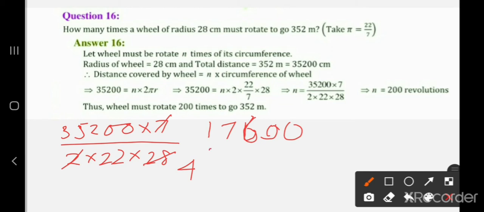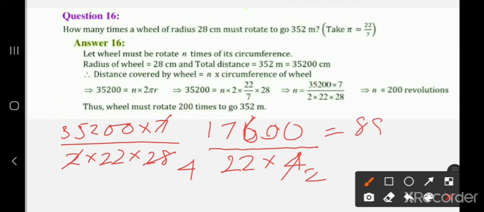Again we are cancelling by 2. This 4 will become 2. Then 2 eights are 16, 0 0. Now divided by 22.